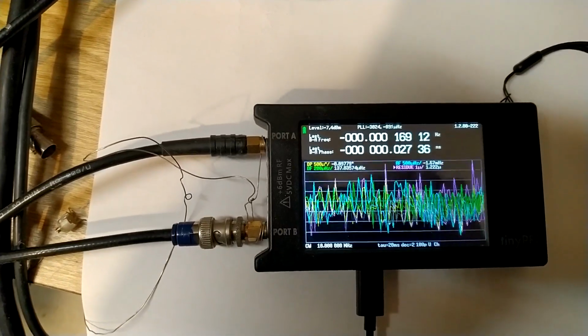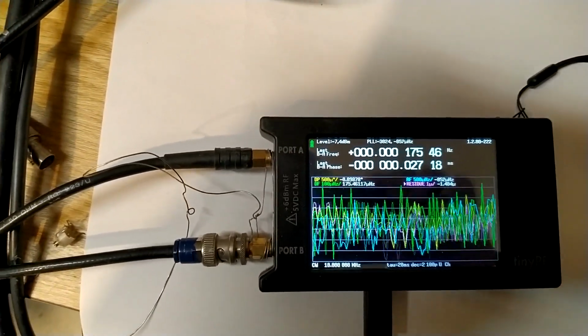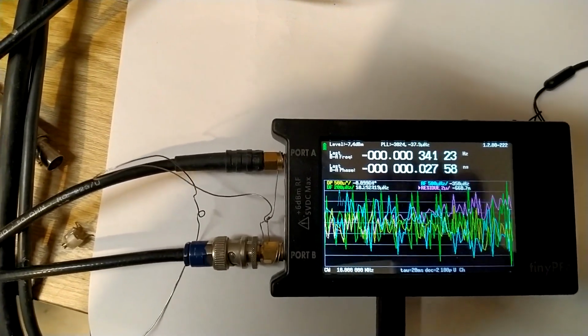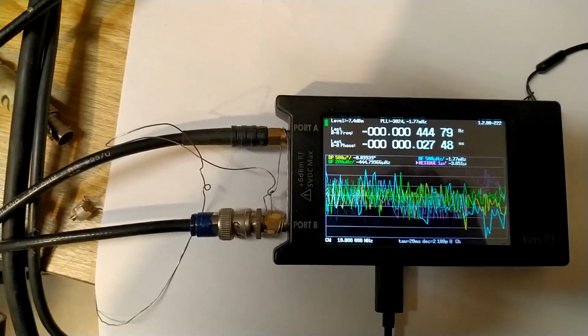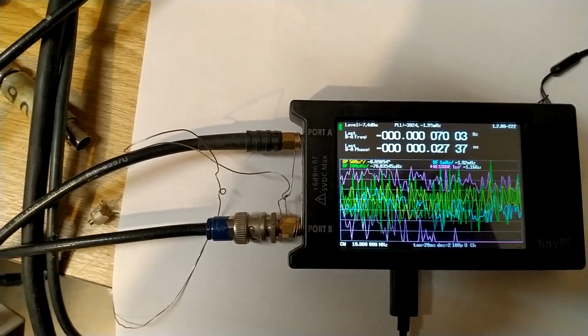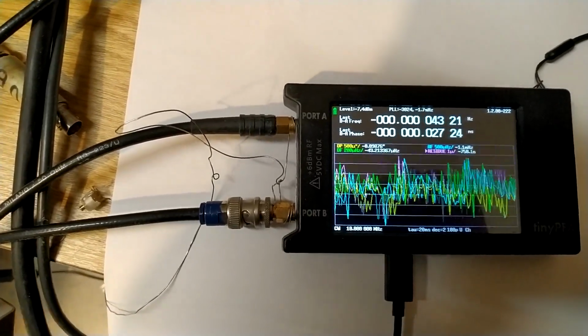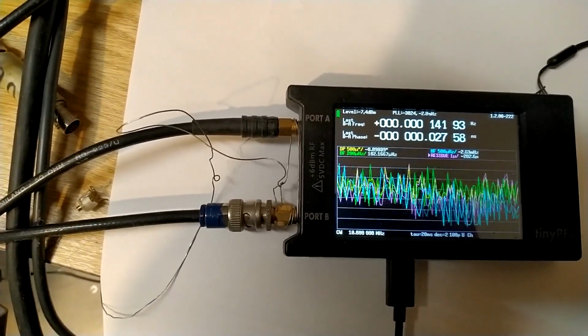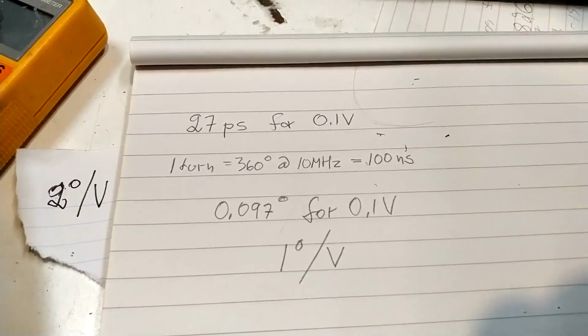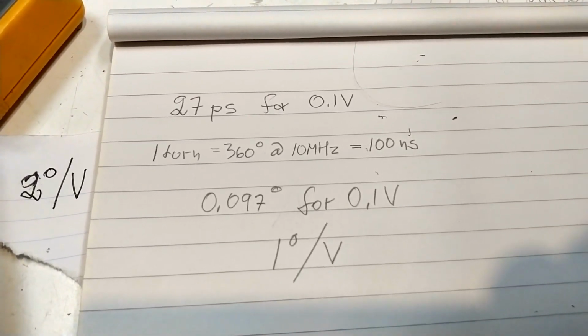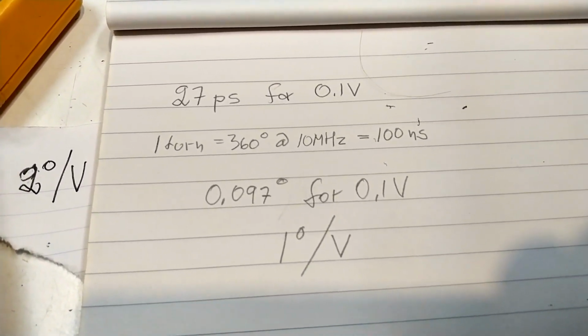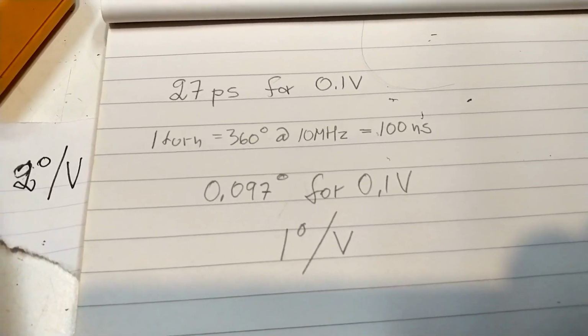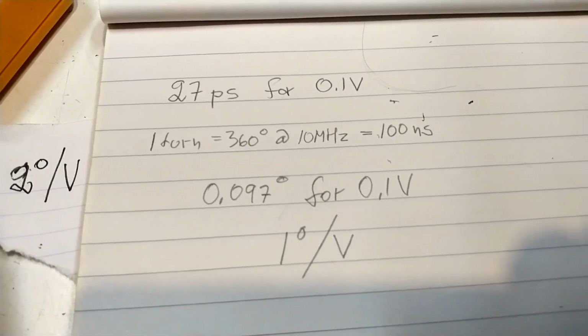Well, the voltage goes up slowly because I have very big capacitors and a resistor to filter out noise from the power supply. So more like 27 picoseconds for 0.1 volt. 27 picoseconds for a 0.1 volt step on the power supply.